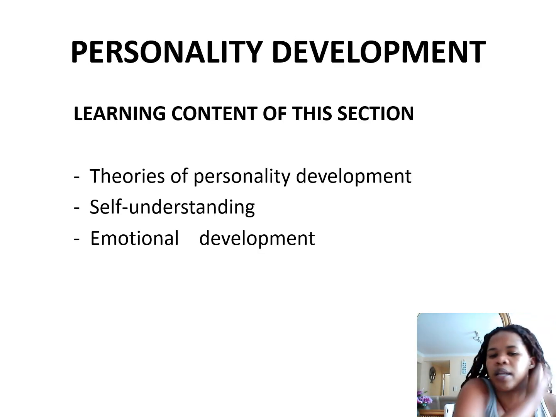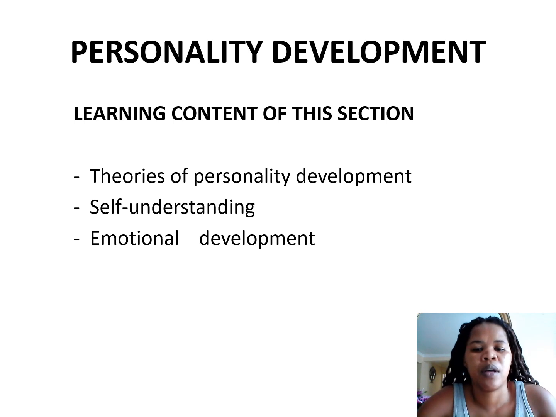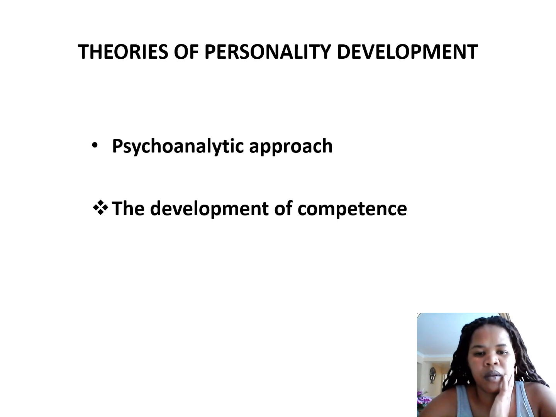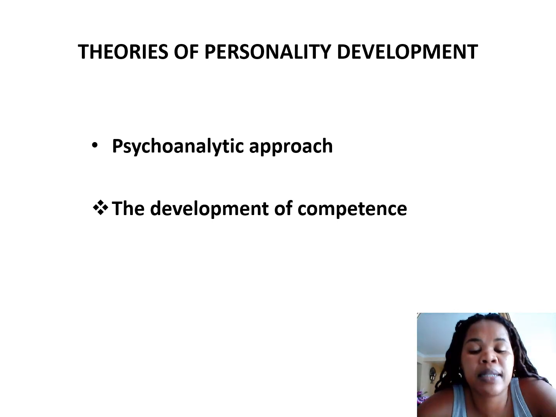Okay, let's go to personality development and the theories of personality development, self-understanding, emotional development, and how they make sense at this stage of development. Okay, we've spoken at length about psychoanalytic approaches, the development of competence here, the psychoanalytic approach to child development.